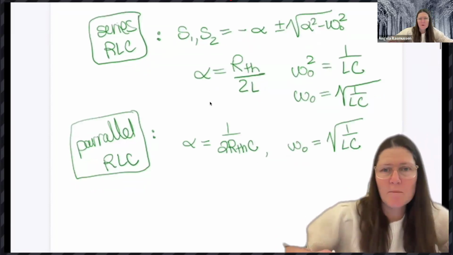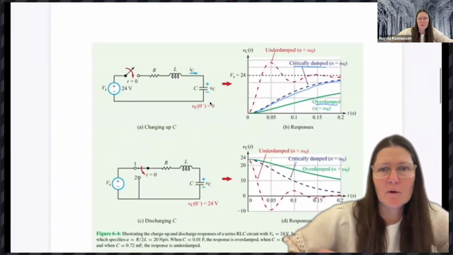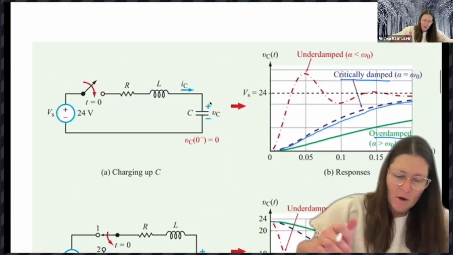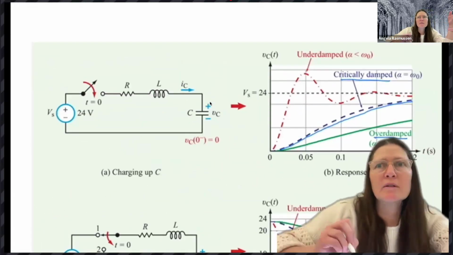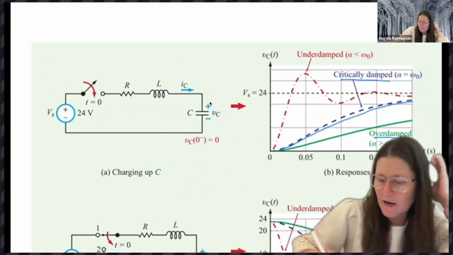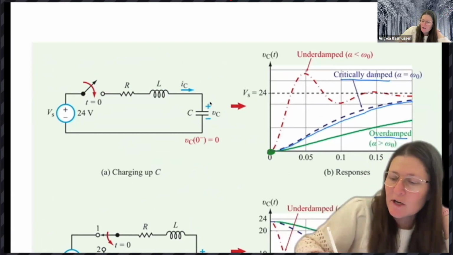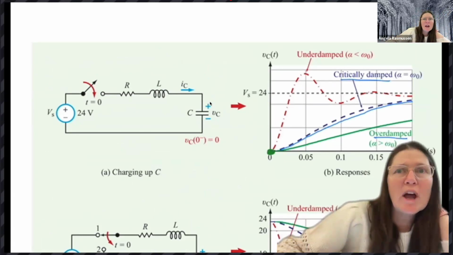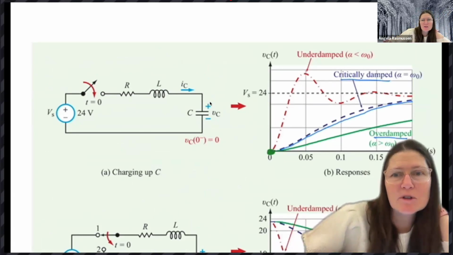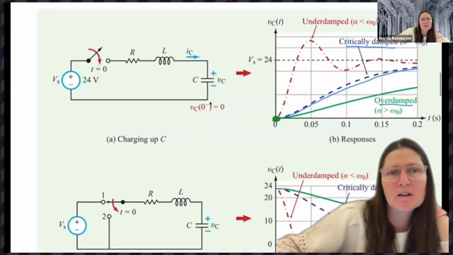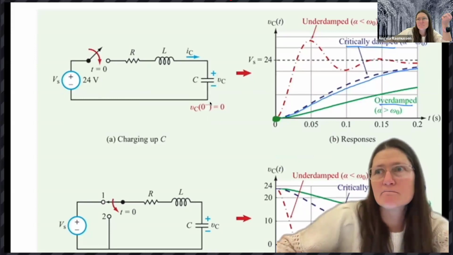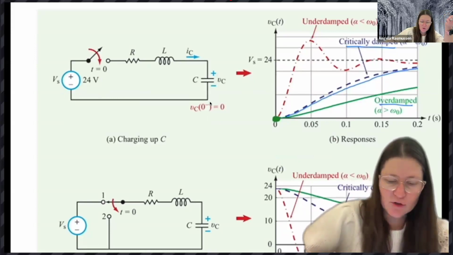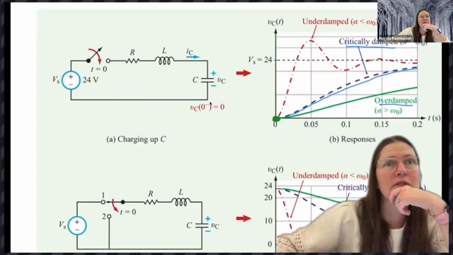So what is happening with these circuits? We said when this is open first, you have 0, right? So we're all going to start out at 0 here. What happens after it's been sitting for a really long time? What happens to the inductor? Short. And what happens to the capacitor?